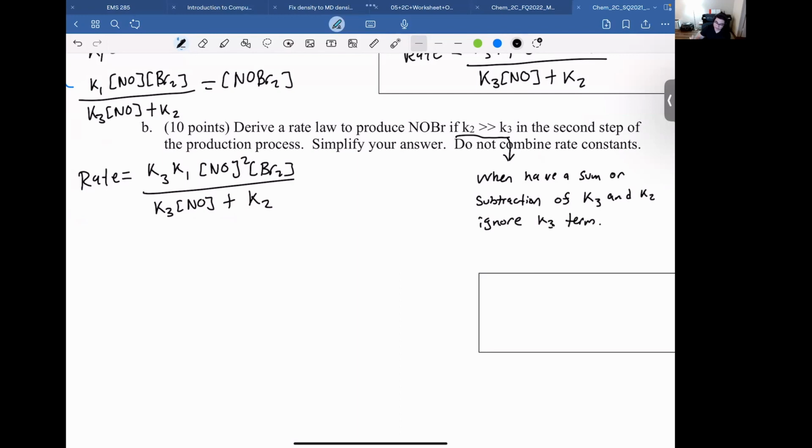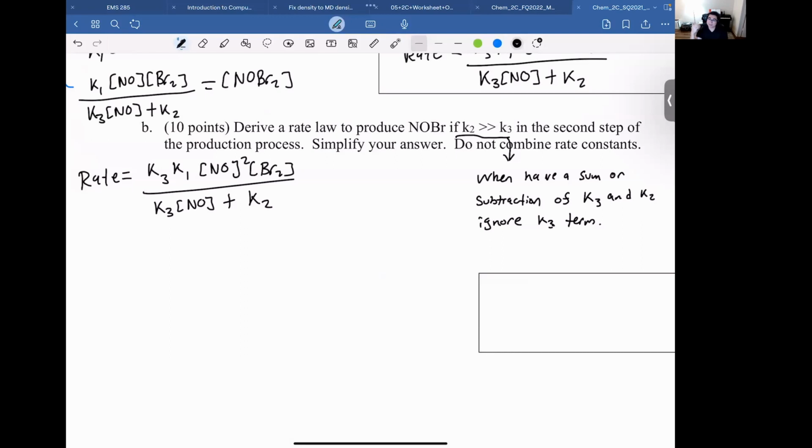What this is saying is that K2 is so much bigger than K3, it does not matter whatever K3 is, K2 is a lot larger. If I were to tell you, what is 10 plus 1 times 10 to the negative 30th? You would say it'd be 10 point, you have 29 zeros and then a 1, right? So it's not 10, but it's close enough to 10, right? It's just that 10 is so much bigger than that other number, it doesn't really matter. I don't want to go through the effort to plug it in, right? It's an approximation, knowing this condition.